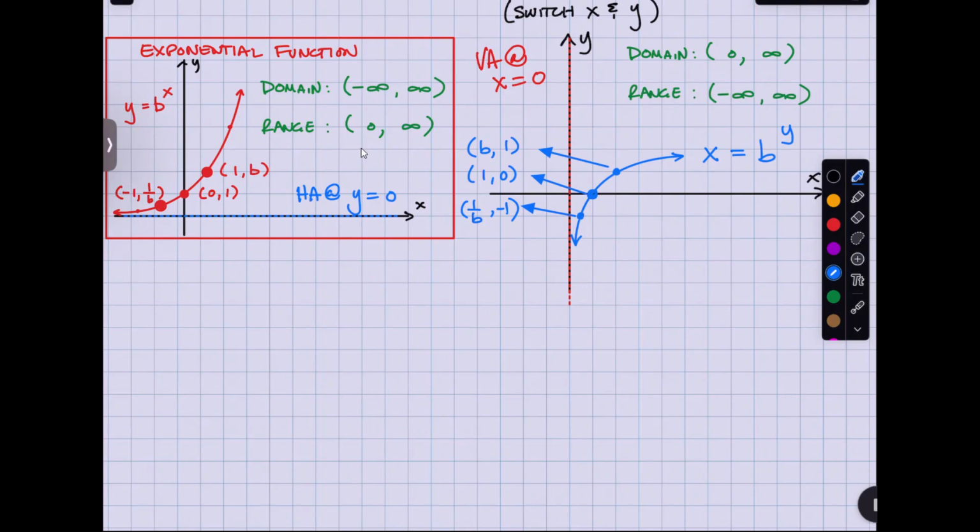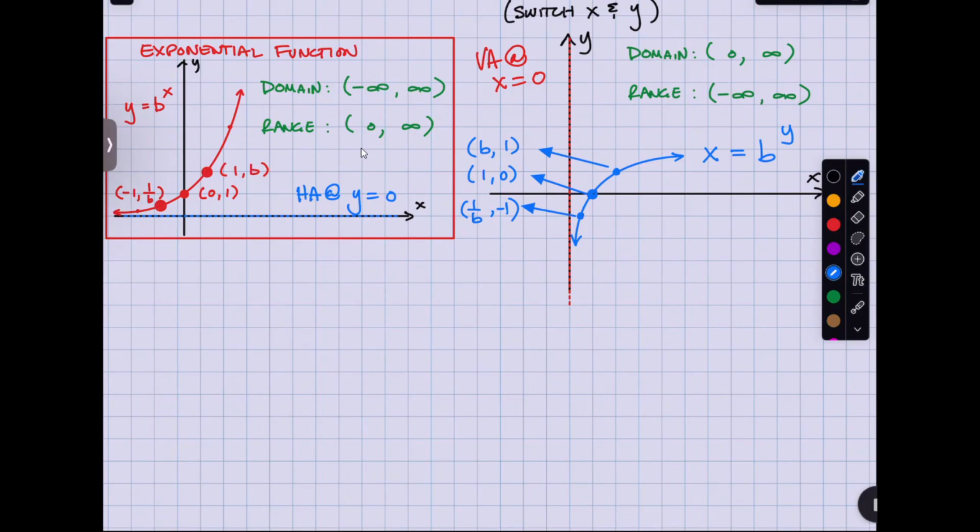So notice the difference here. If the graph crosses the y-axis, that means I must have an exponential function, right? No matter if I flip over the y-axis, it still crosses the y-axis. Flip over the x-axis, still crosses the y-axis. I have an exponential function. A logarithmic function crosses the x-axis.